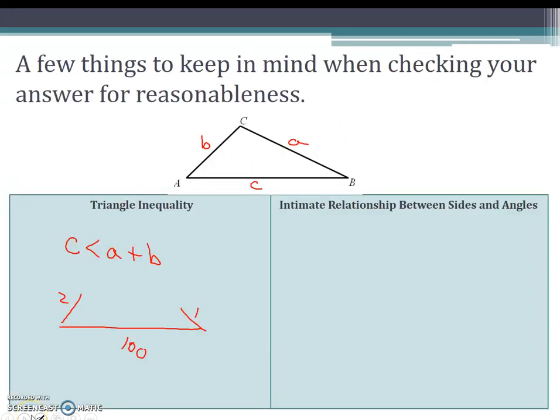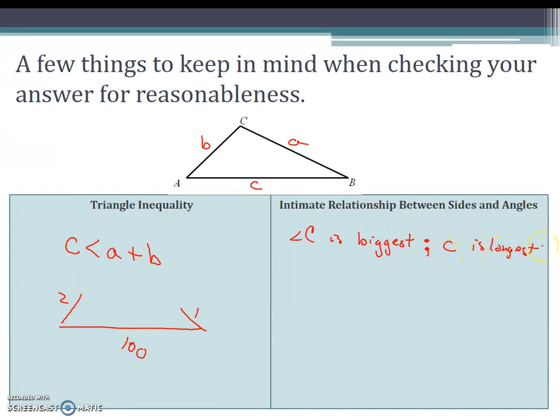And then there's an intimate relationship between the sides and the angles. In other words, in this picture, just assume for a second it's drawn to scale. Angle C is the biggest, as I said earlier. The side opposite the biggest angle has to be the longest side, so little c is the longest.